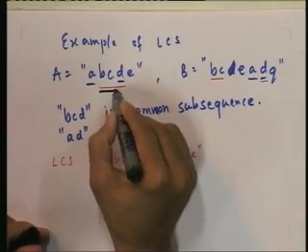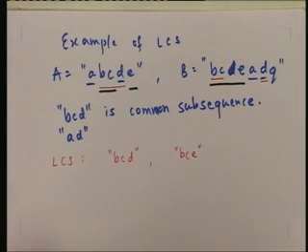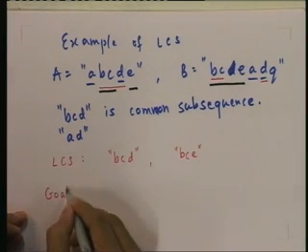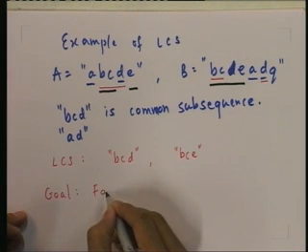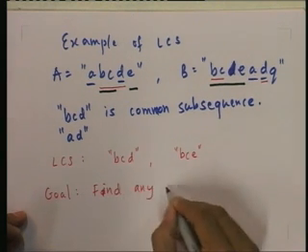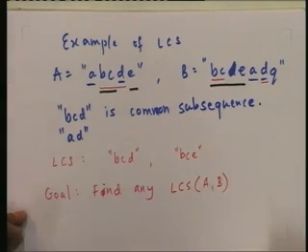BCE appears over here and over here. So, the goal in this LCS problem is to find any longest common subsequence of A and B. We don't care which one, but we want one of those.